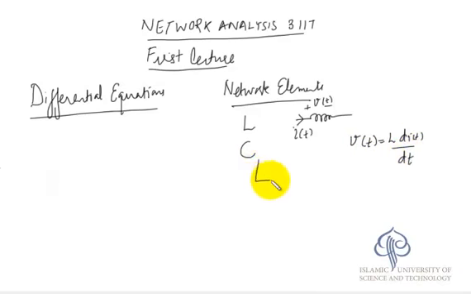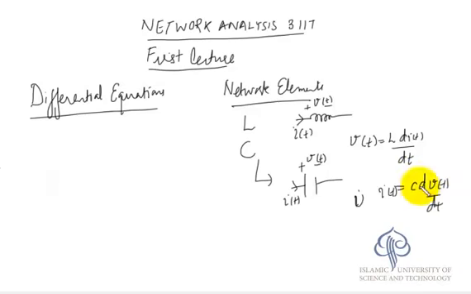Similarly, for the capacitance, we can relate the voltage across the capacitance and the current through the capacitance by the famous relationship, which is given by i(t) = C dv(t)/dt.